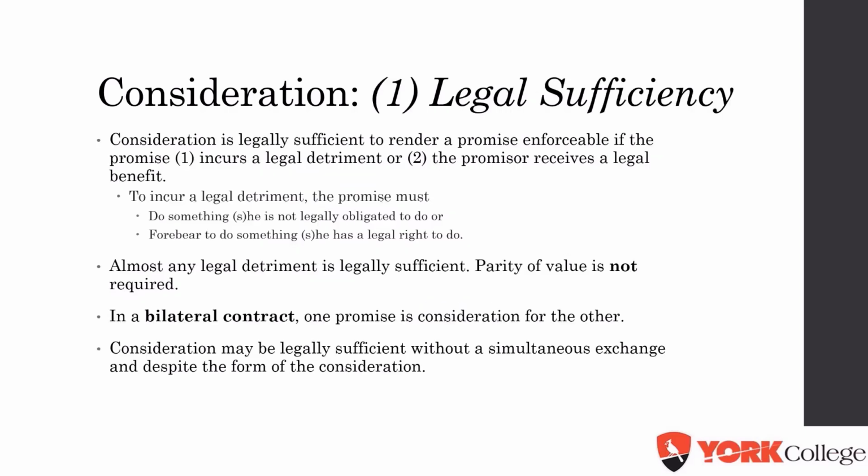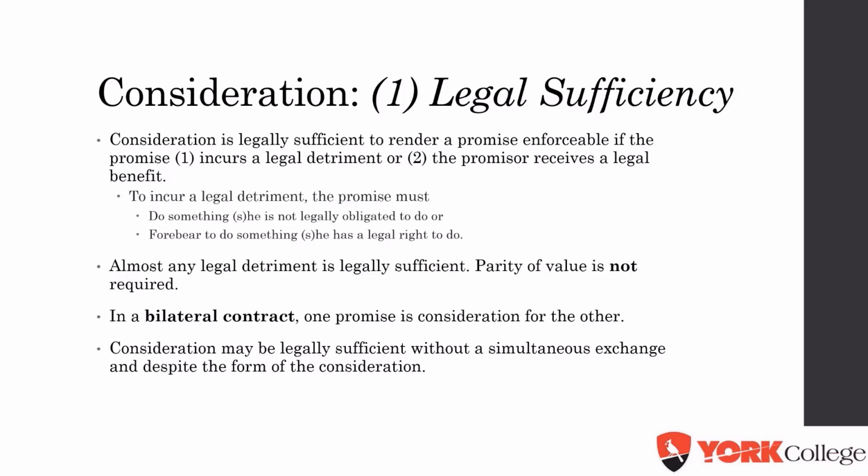So legal sufficiency. A consideration is legally sufficient to render a promise enforceable if the promise 1. incurs a legal detriment, or 2. the promisor receives a legal benefit. So in order to think about this, legal detriment is what I said before.